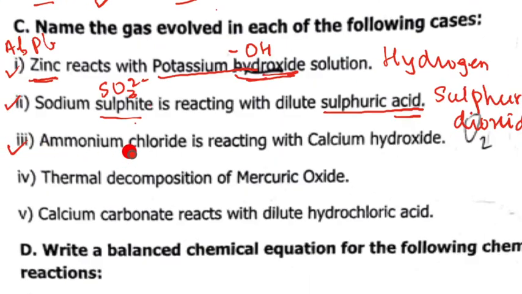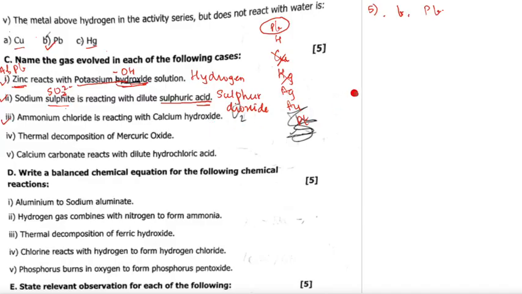We have ammonium chloride reacting with calcium hydroxide. Now here it is better to show the reaction for your thinking. Ammonium chloride is NH4Cl and plus calcium hydroxide is Ca(OH)2. And if we do this double decomposition, we will have Ca taking Cl, it will become CaCl2.